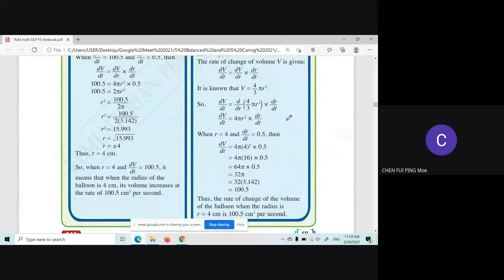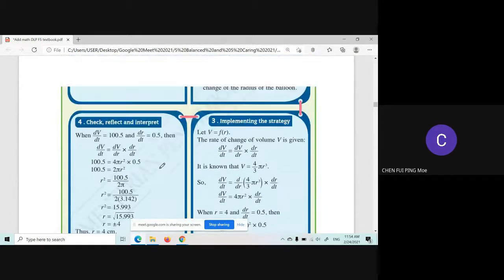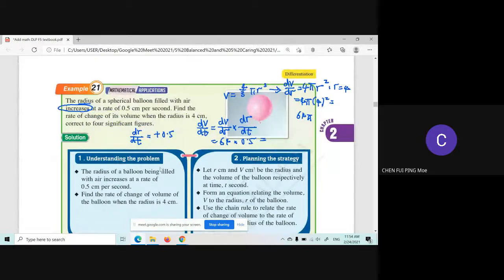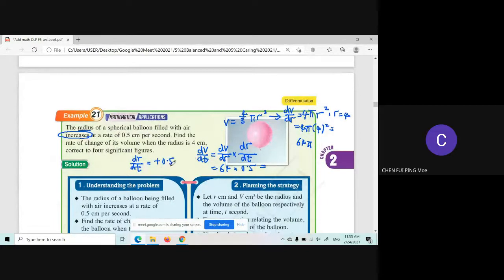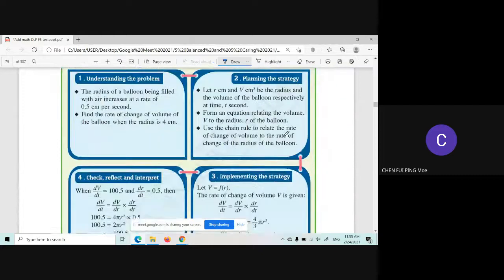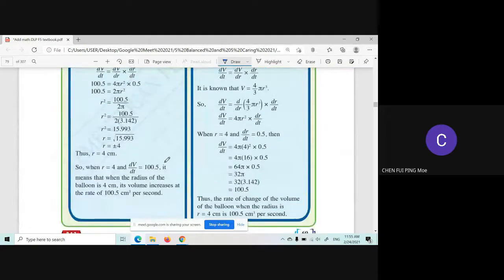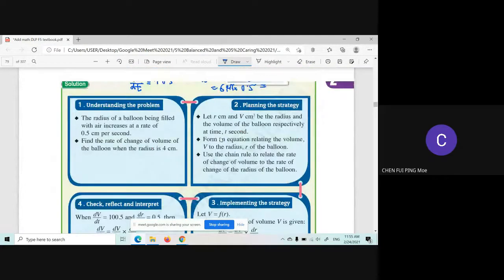So the answer is 100.5. Is it 100.5? Okay, looks different. Oh, the pi, I forgot the pi, sorry. Got pi here. So 64 pi times 0.5. So key in, you should get the answer 100.5.